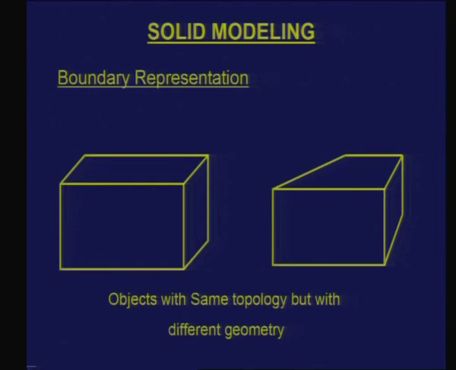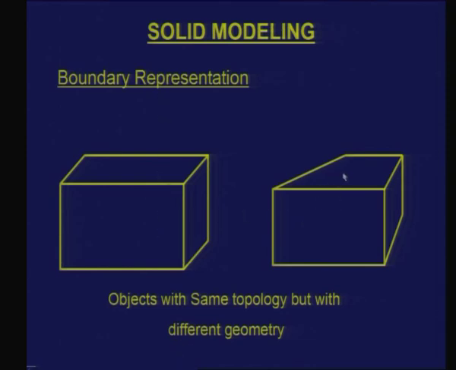Okay. Now if I number them, let us say number all the 8 vertices, 12 edges and 6 faces, and also try to represent how the connectivity information is, both the objects will have the same topology. Okay. As far as connectivity is concerned, I can say that these two faces share a common edge.